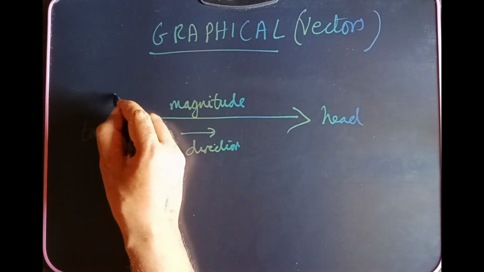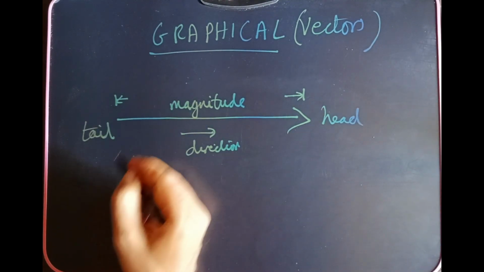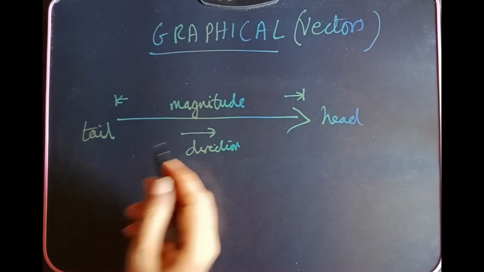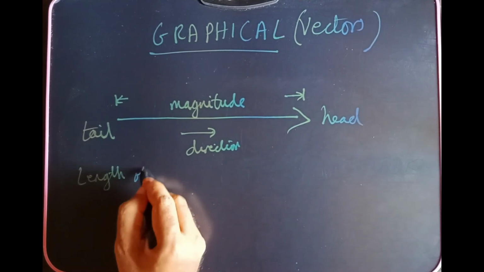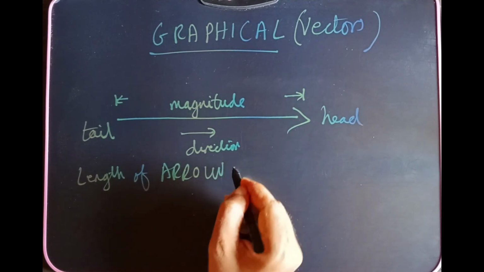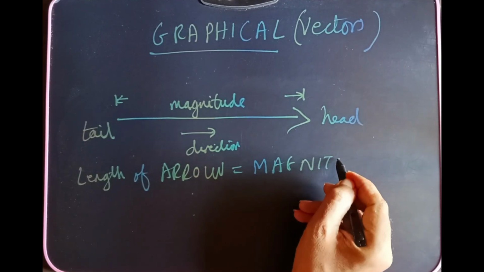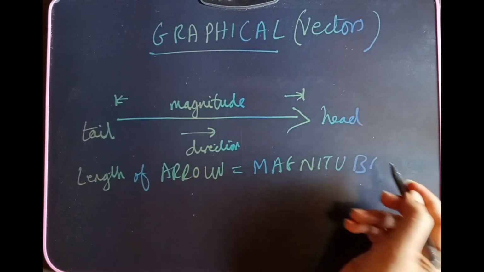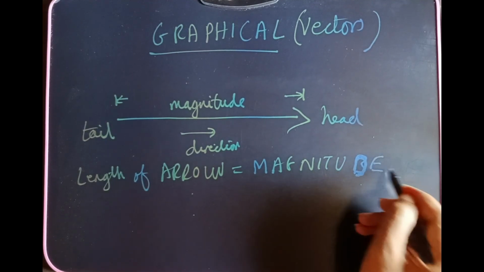The length of the arrow, that means from here to here, indicates the magnitude. Length of arrow is equal to magnitude. Magnitude of what? Magnitude of the vector.